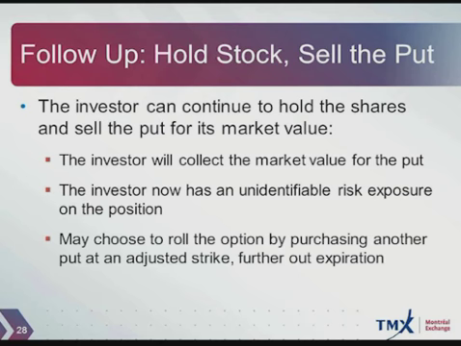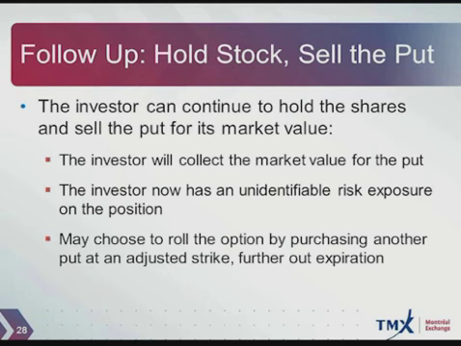Now, what you can also do is roll the option by purchasing another put at an adjusted strike and further out expiration. For example, the shares have dropped in value. Your put option is now worth X amount, and you feel that you still want to hold the stock, but you need that protection in place.